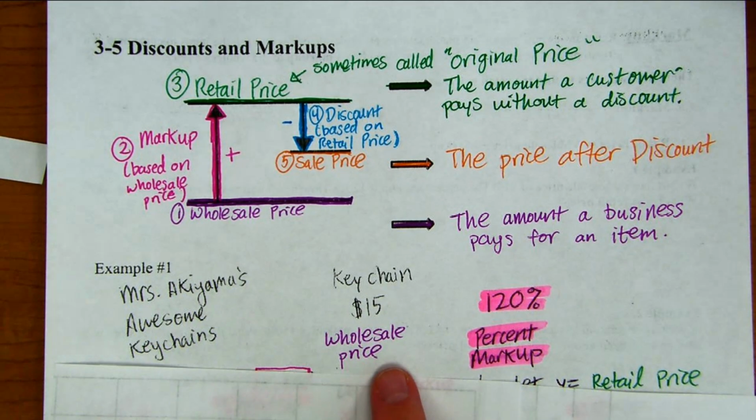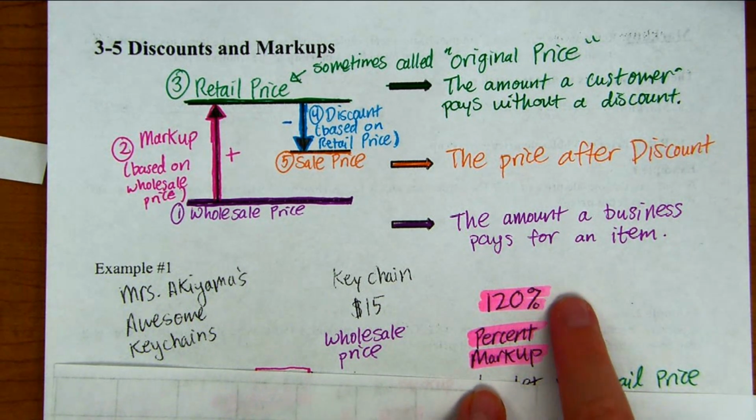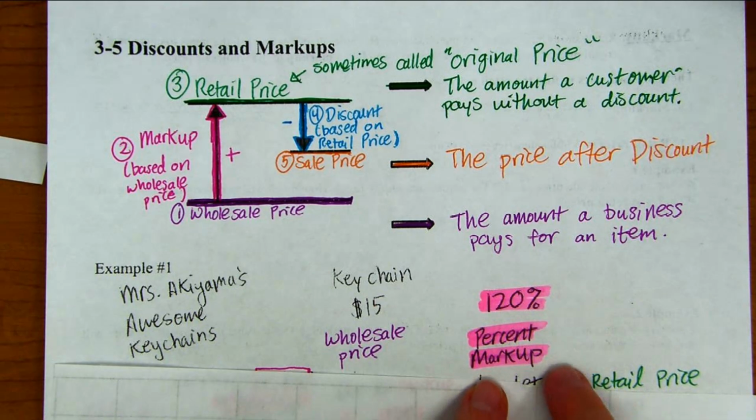Then maybe she will bedazzle them or put a cool logo on it or decorate it in some way. And when she sells them, she wants to make sure she makes enough money, so she is going to increase the listed cost by 120%. This is the percent markup.